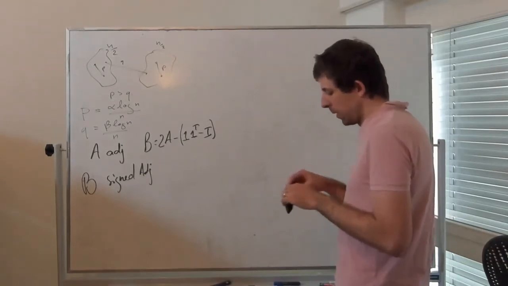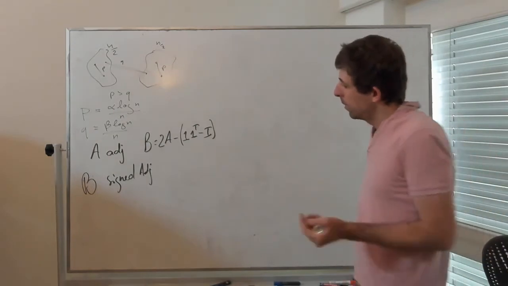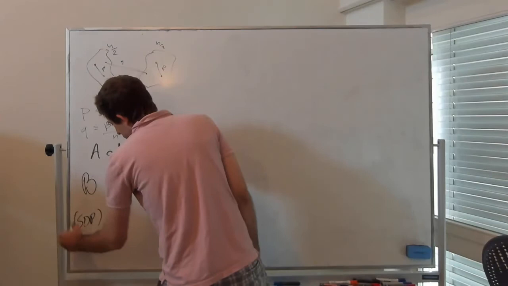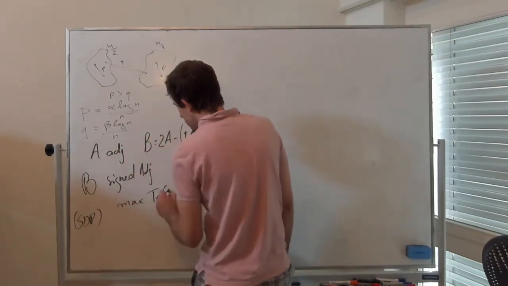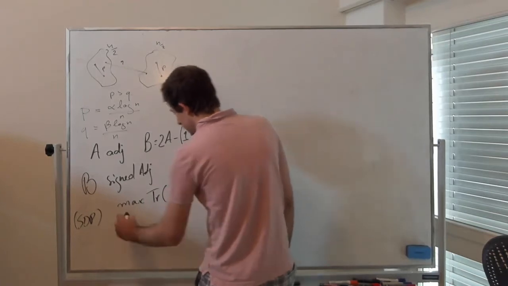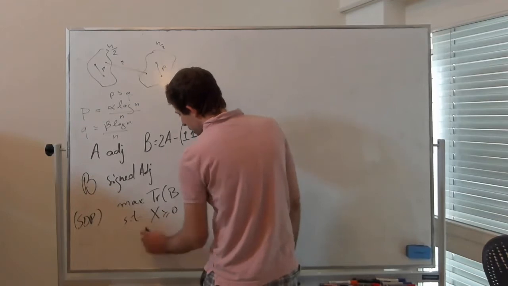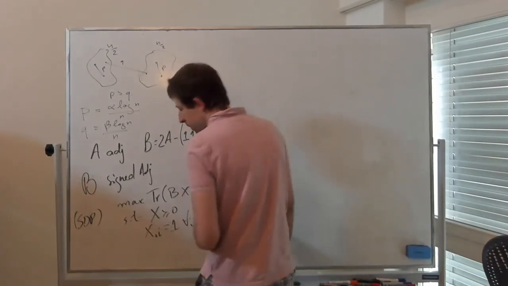And we have the semi-definite program that we set ourselves to understand: max trace of BX such that X is positive semi-definite and X_ii equals 1 for all i.